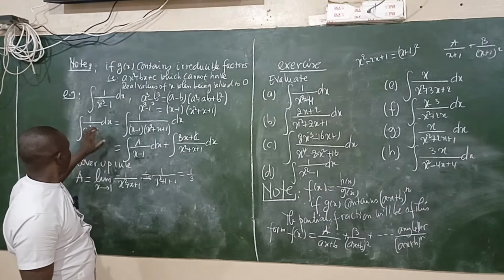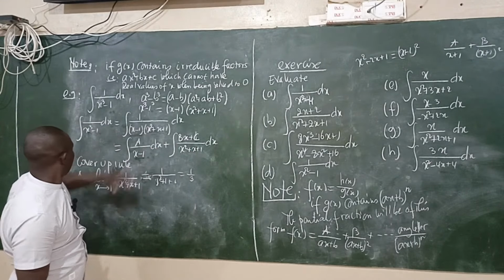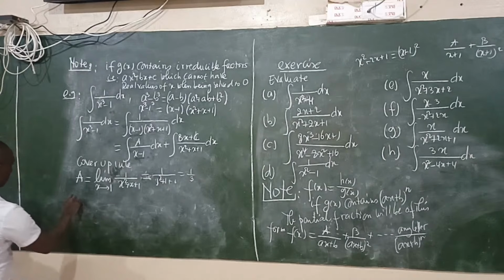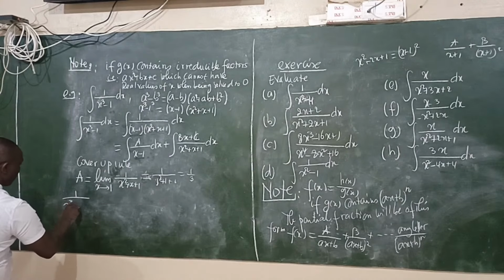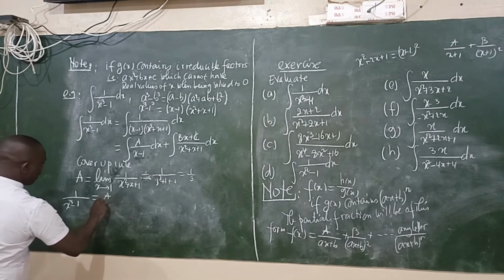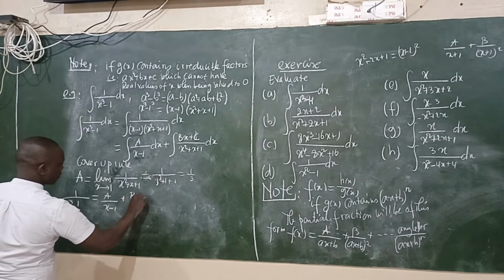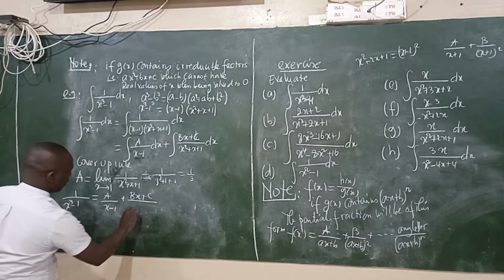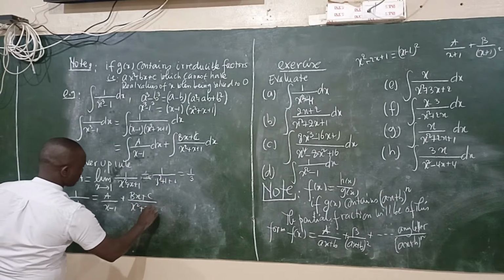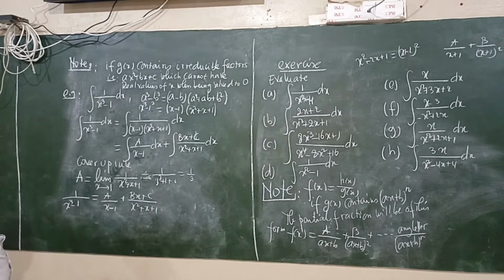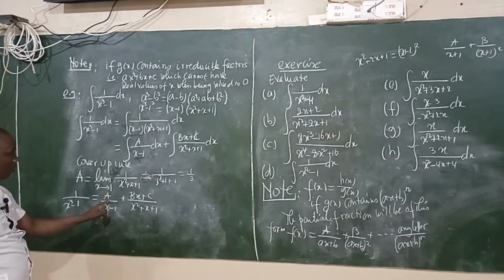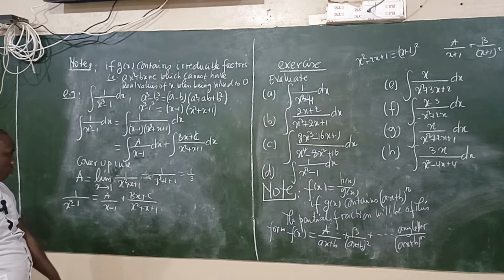As you see, the partial fraction of 1 over x power 3 minus 1 is a by x minus 1 plus bx plus c by x squared plus x plus 1. And we know what a is. Our a is 1 over 3.